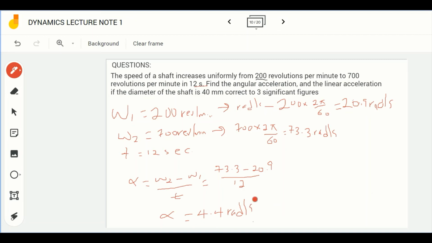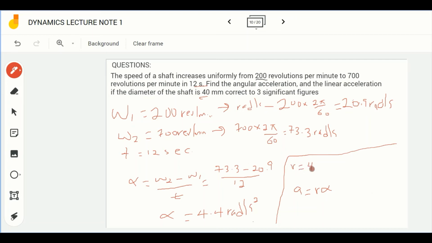The next is to find the linear acceleration, and it's given as a equal to R times angular acceleration. Now, my radius is half of my diameter, which is R equal to 40 over 2.